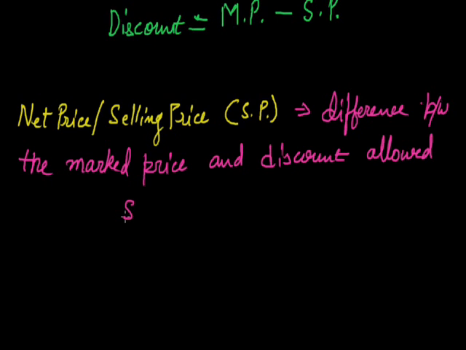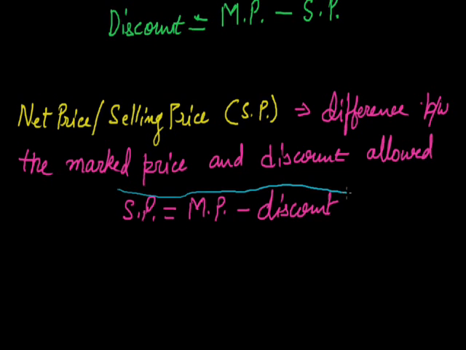So the selling price or the net price is equal to the marked price minus the discount. Now if we know the marked price and the discount, then we can easily calculate the selling price.